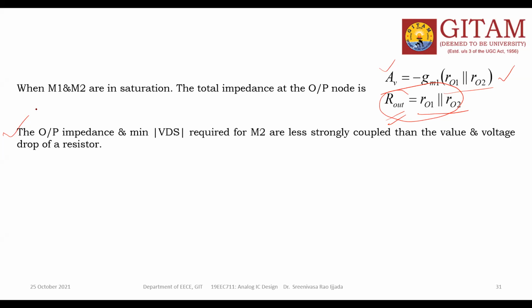In both cases, the voltage appearing across the load is more compared to the common source stage with the current source load.